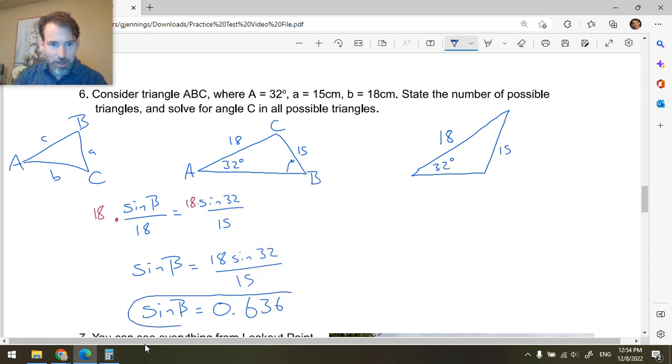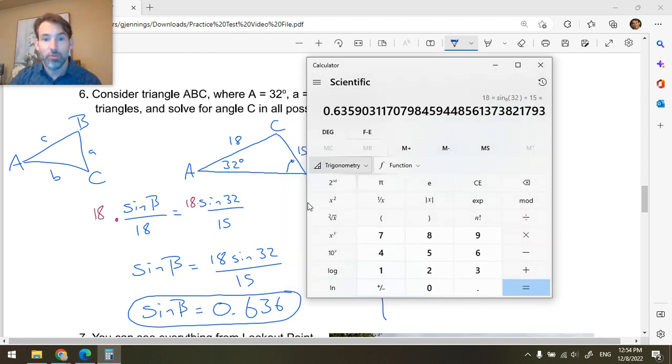Okay, now here is the ambiguity in sine law, because there are 2 angles that exist, one of them this acute angle, one of them this obtuse angle, where the value of sine is 0.636. Let's find the first one. We go trigonometry. We say, find me the angle that has that sine. It's 39.5 degrees.